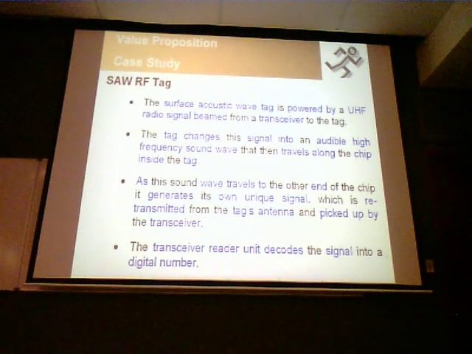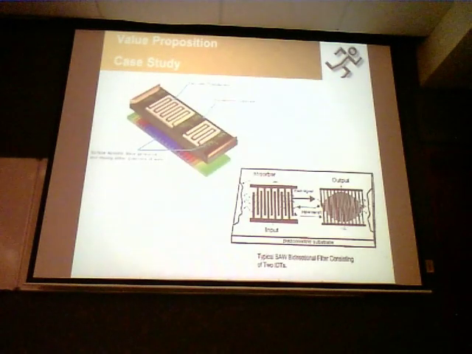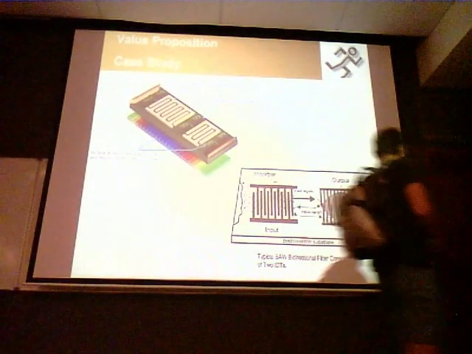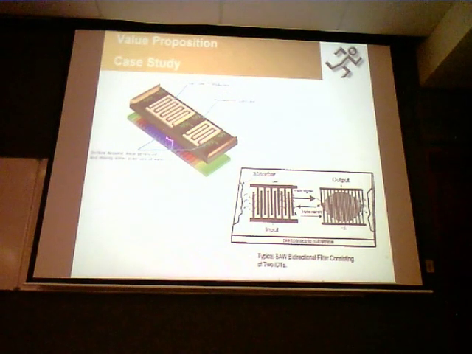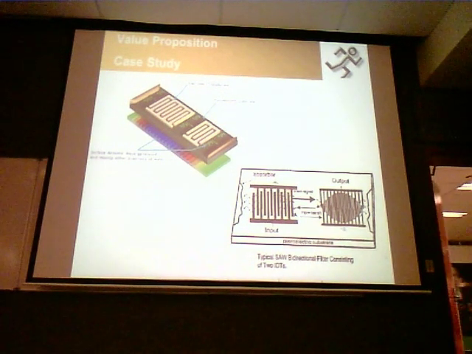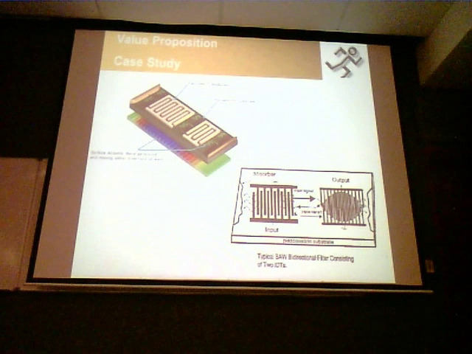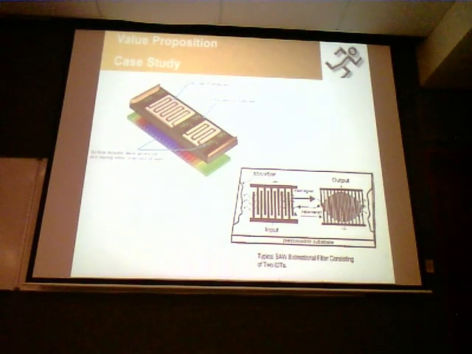If the chip, the little tag, is there, it disturbs that sound wave and sends it back. As the sine wave travels along the chip, it gets altered into a different sort of sine wave and then comes back again. The chip's made out of a piezoelectric material.